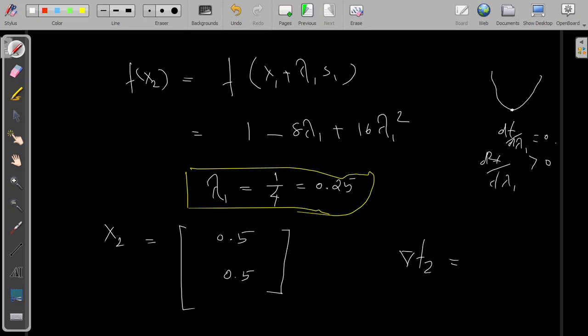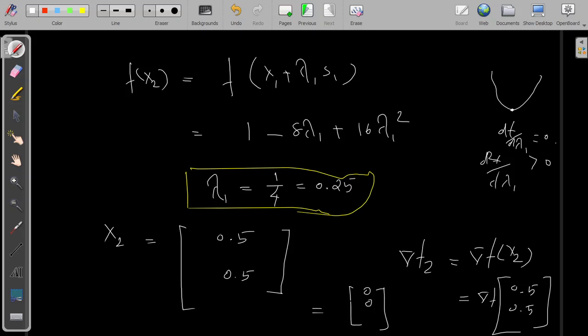That is the gradient of f at (0.5, 0.5), and you will get (0, 0).